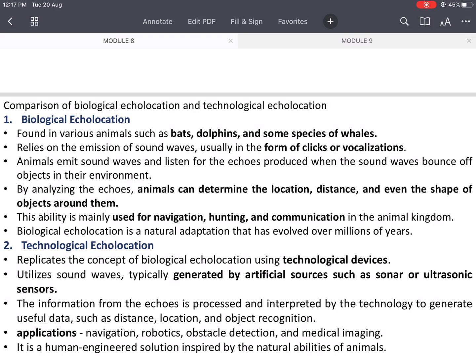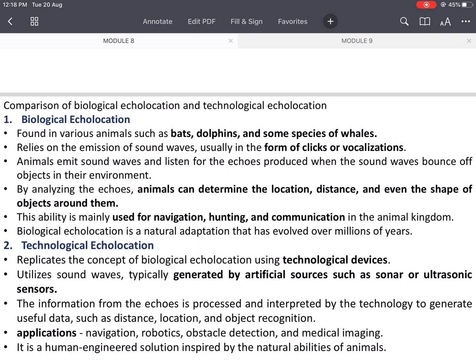Similarly bats, relying on the emission of sound waves in the form of clicks or a different pattern of vocalization. This emitted sound travels through the given medium. For bats it's air, for dolphins and whales it is water. Once it hits any object, it reflects or echoes.